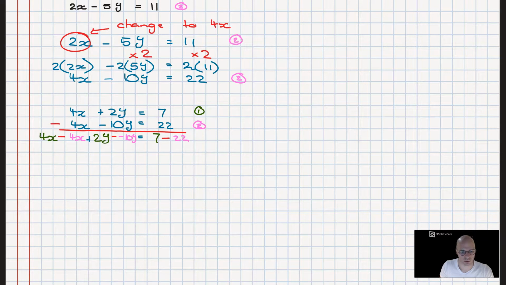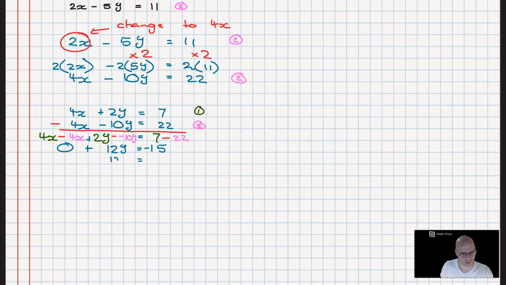Alright, so we've taken equation 2 from equation 1. This is going to give us 7 take 22, which I believe is minus 15. 4x take 4x, that's nothing. And 2y minus negative 10y, they're going to stack, so that's 12y. Now, to solve this, we have to divide.